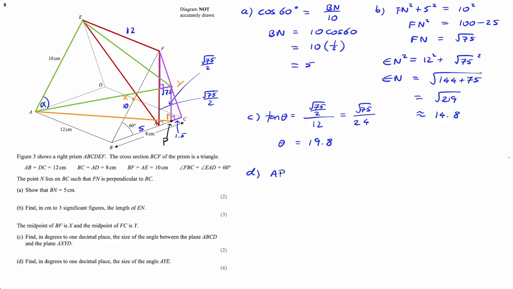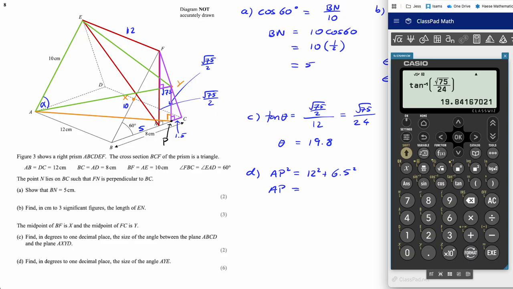Okay, so I can get AP using Pythagoras. AP squared equals, so there's this 12 squared, and this is 5 plus 1.5 here, that gives me 6.5, so that's 6.5 squared. So I have 12 squared plus 6.5 squared, so AP is the square root. Let's do this, guys. This question is crazy because I've barely started and I've already done quite a lot of work.